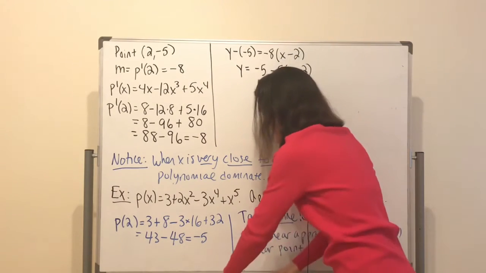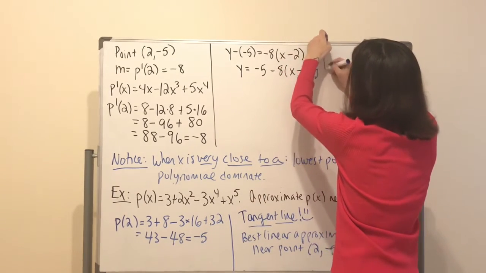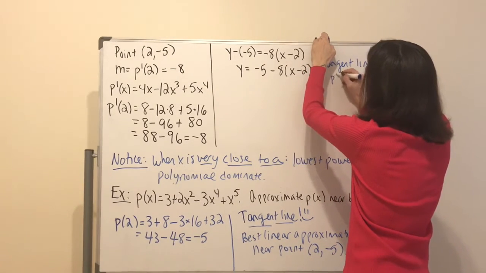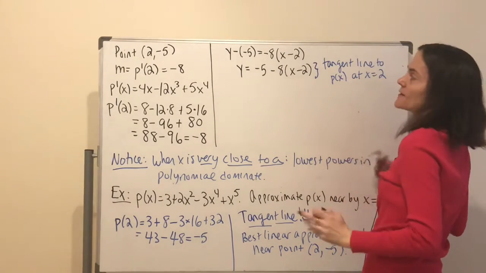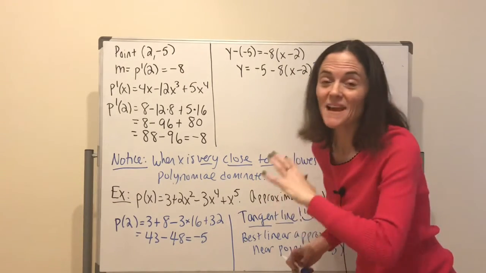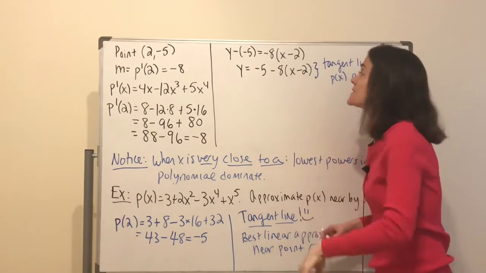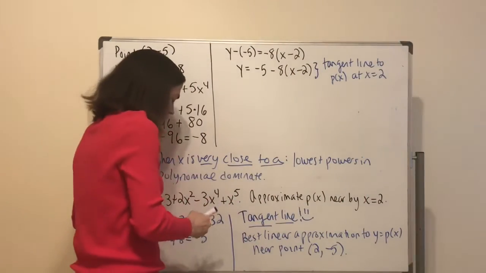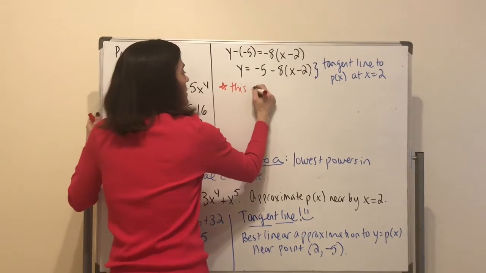Okay, what do we see here? Well, first of all, this is an equation of the tangent line to p of x at x equals 2, that we have calculated. But also, look at the form, and in light of what we have just been discussing, it's a polynomial centered at 2. This is, maybe I will put that in stars in red. This is a polynomial.